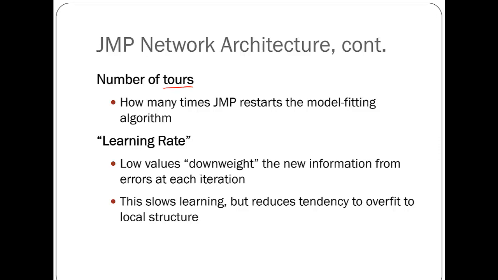And you'll find that oftentimes just having different weights is going to lead to a different model in the long run with different misclassification rates. So if you do a lot of tours, then you're going to, in theory, be able to have a better fitting model in the long run. You also have the learning rate that you can specify, and that has a lot of potential for slowing down the updating of the weights, but it also has a chance to cause overfitting.